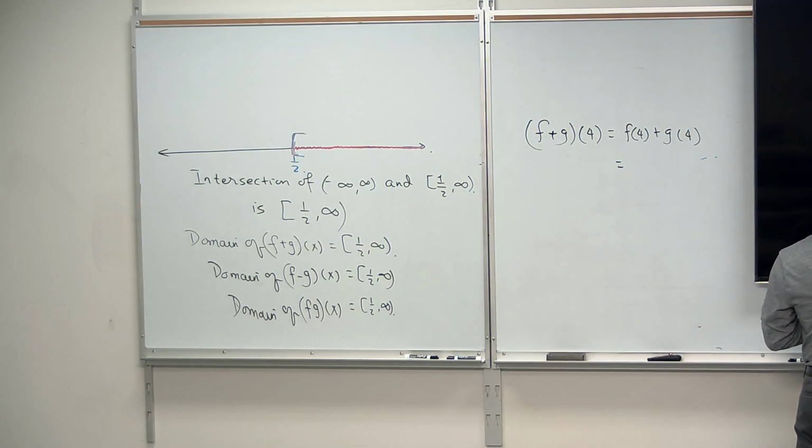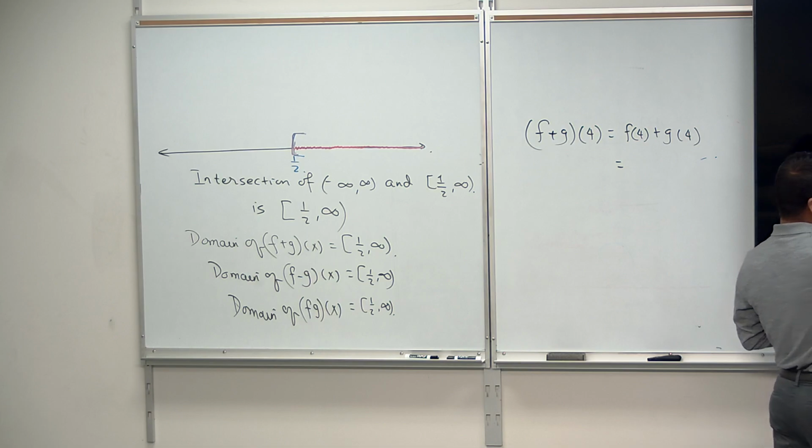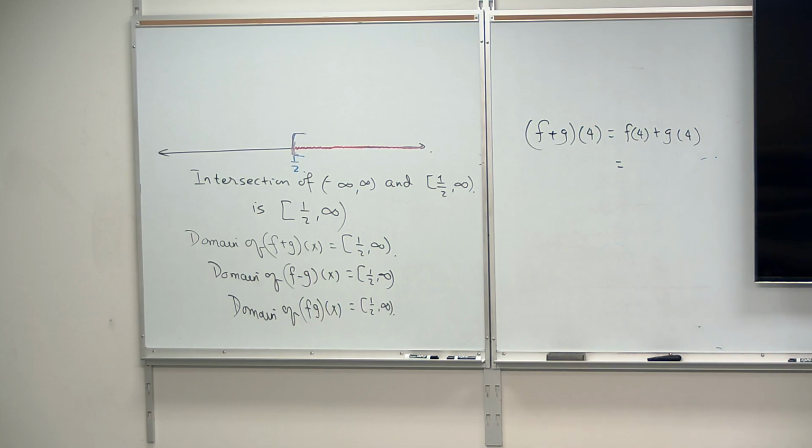So f is the blue one, okay? The graph of function f is the straight line. This is the blue straight line. And the graph of g of x is the red one. Is that right? So now what is f of 4?